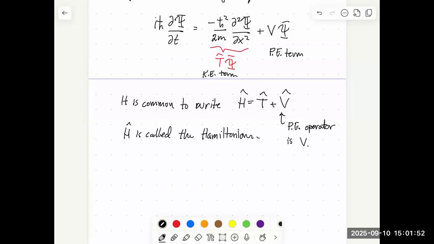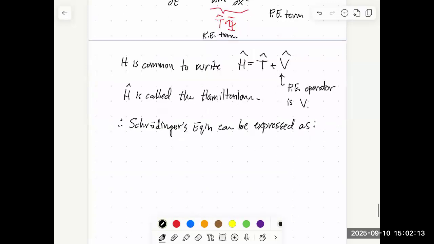And in fact, a shorthand way of writing Schrodinger's equation is the following. So therefore, Schrodinger's equation can be expressed as, the left-hand side doesn't change, iħ time derivative.